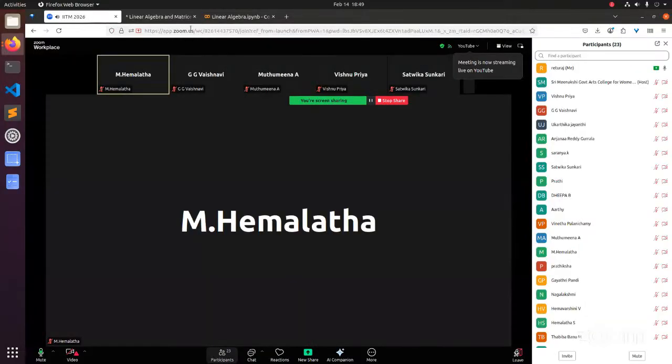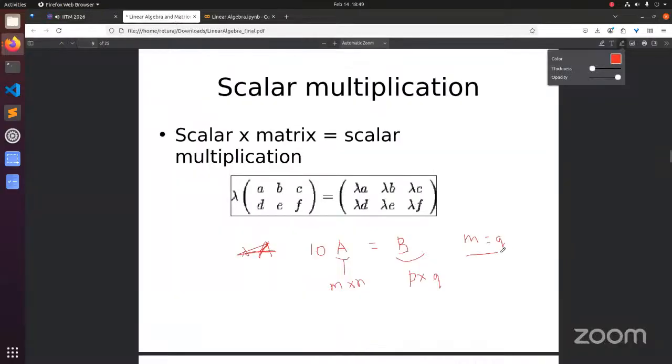No, no, there are people here. So is this correct? Yes, sir, because the scalar is multiplied. So this is what you're saying, right? How many of you think that this is correct, and how many of you think that this is not correct?